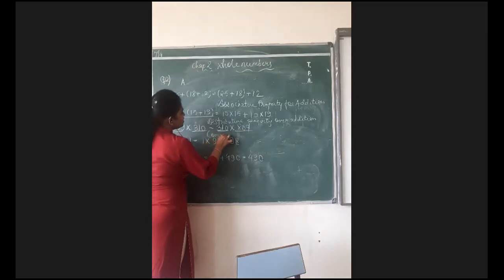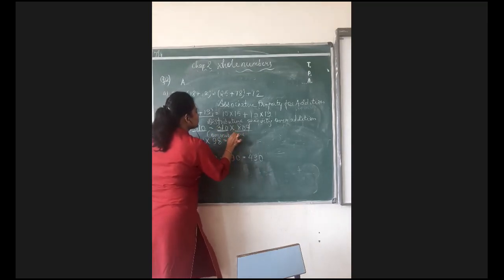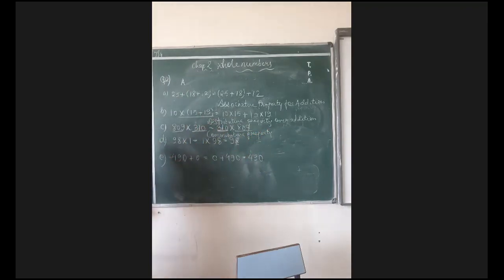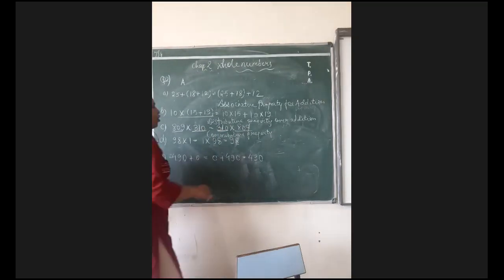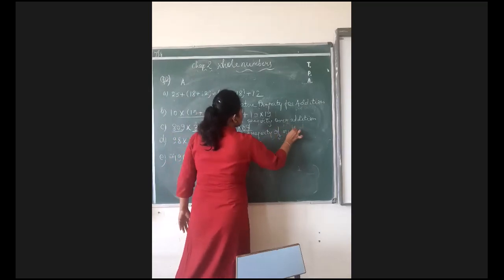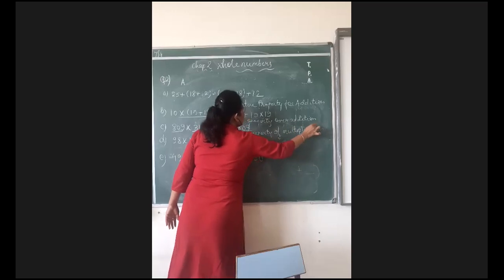Changing the order is commutative property. And if you can see this question, multiplication is going on, so this is commutative property for multiplication. You can mention anything. This is also done now.